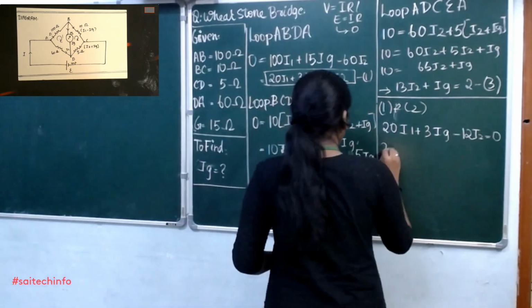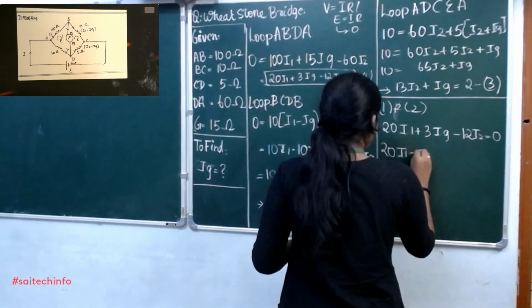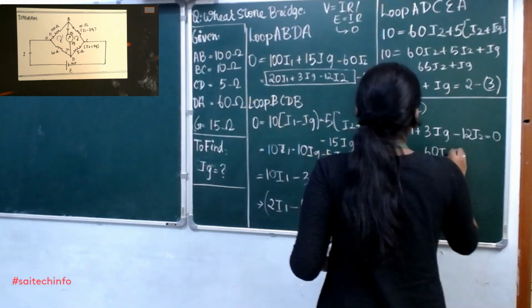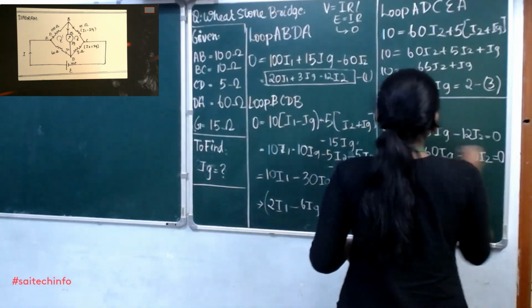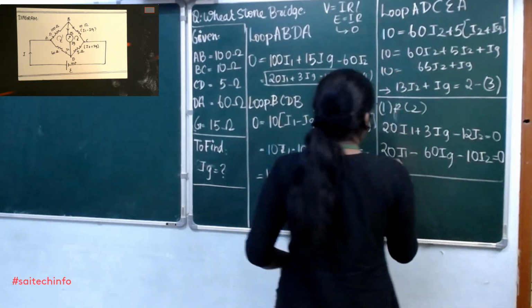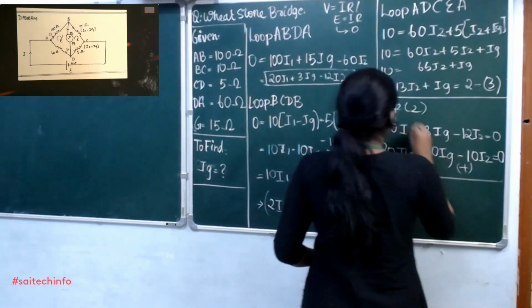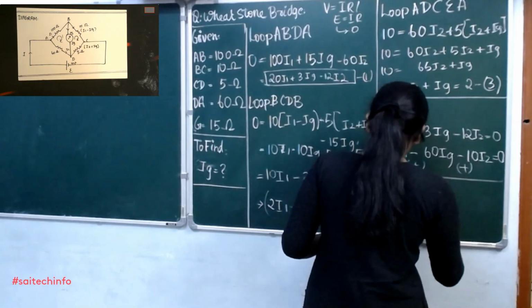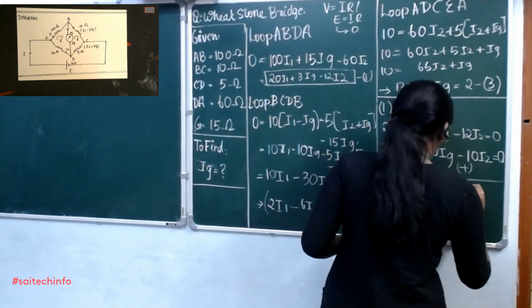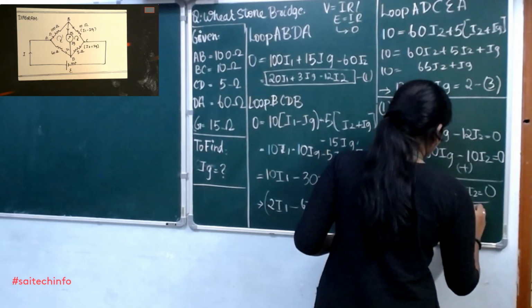So we will be getting 20 I1 minus 60 IG minus 10 I2 is equal to 0. When we change the sign, this will be cancelled and we will be getting 63 IG minus 2 I2 is equal to 0 as the fourth equation.